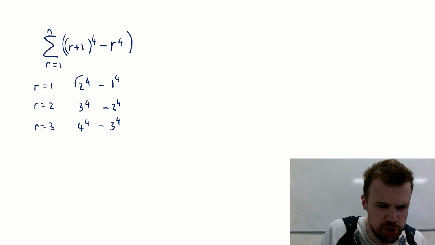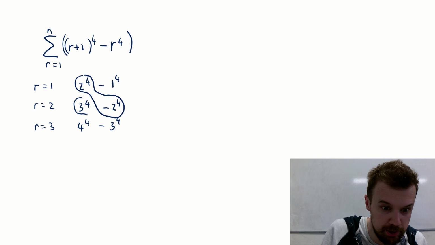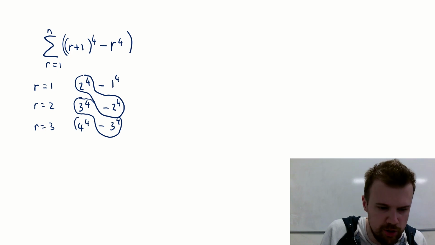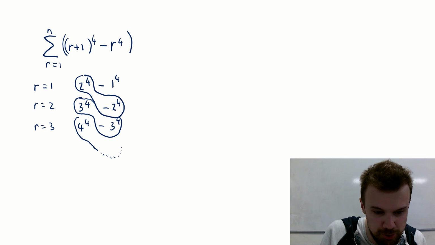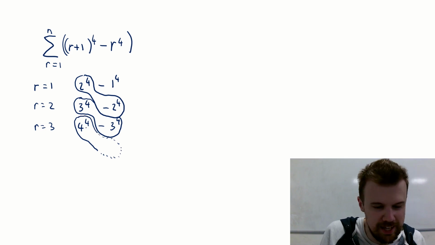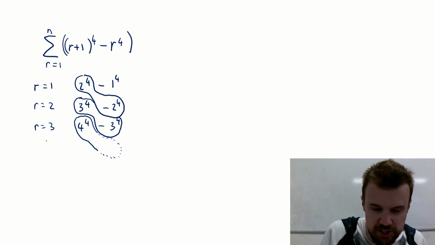We've got the 2 to the power 4 cancelling out with a minus 2 to the power 4. We've got the 3 to the power 4 cancelling out with a minus 3 to the power 4. And although we haven't written the r equals 4 term, we know the 4 to the power 4 part in the r equals 3 term will cancel out with the 4 to the power 4 part of the r equals 4 term. So that's something to bear in mind.